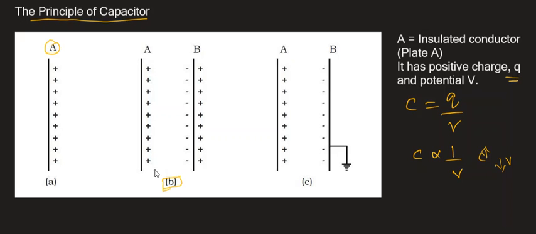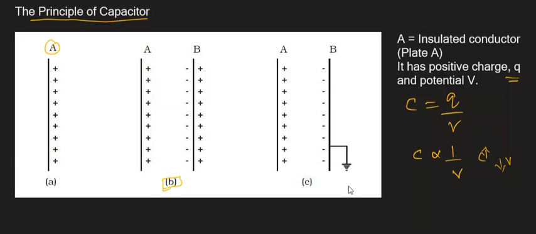So capacitance increases. And you may ask, sir, what about B? The positive charges are on the other side, which is far away, whereas this is very close, because we are talking about the closest distance between the plates A and B.